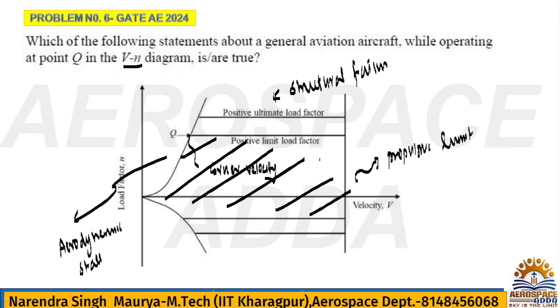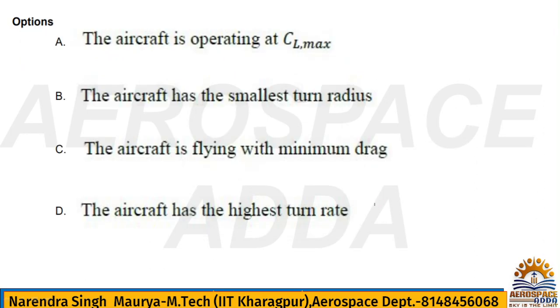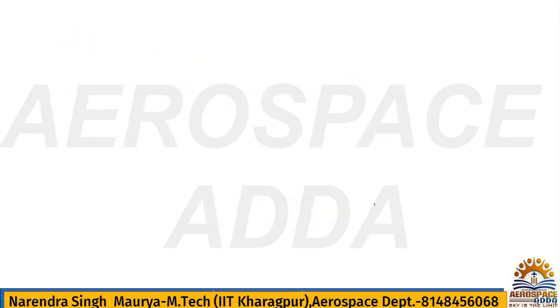Now, if you talk about point Q, it's a corner velocity, and if you go for the options, this corner velocity or corner speed, I just want to write the formula. What is the formula for the corner speed?